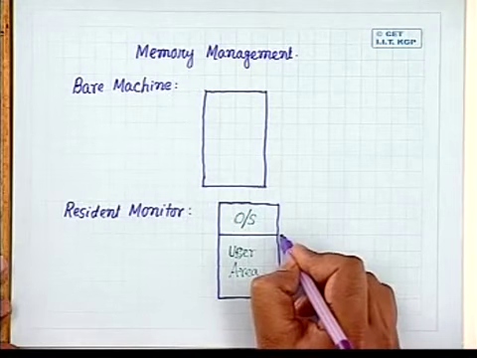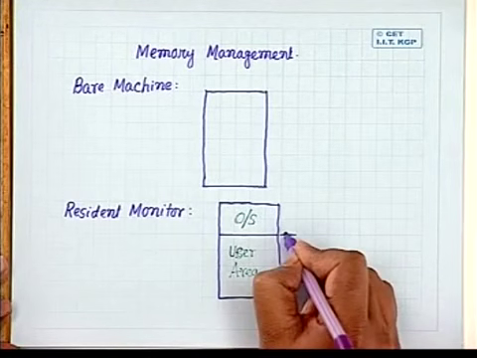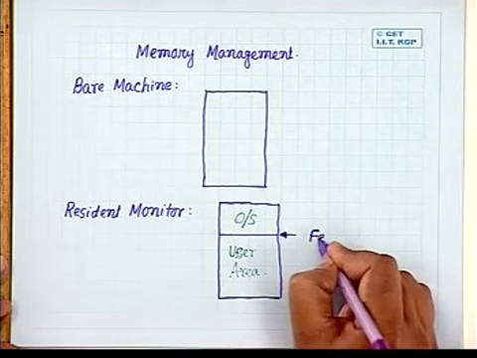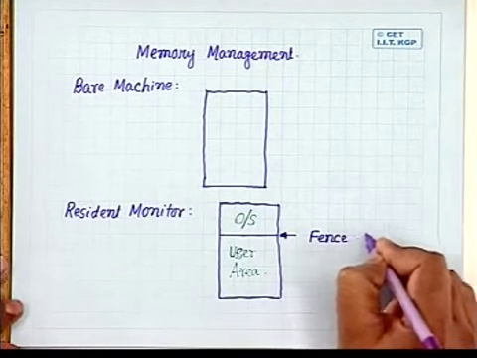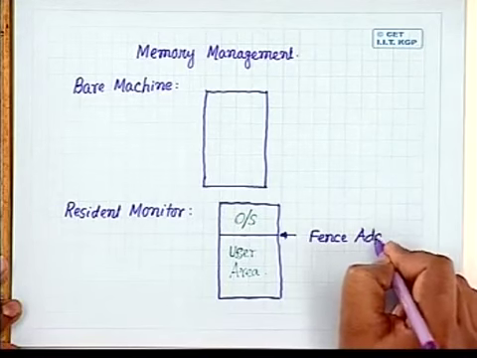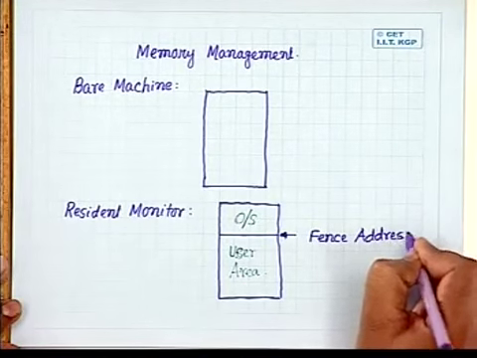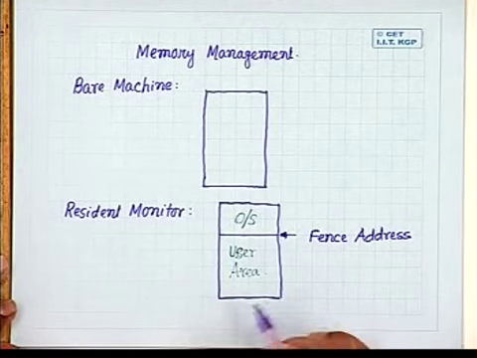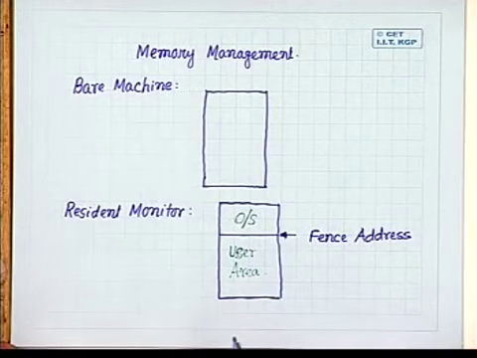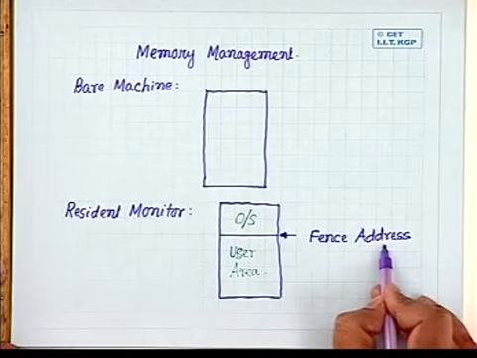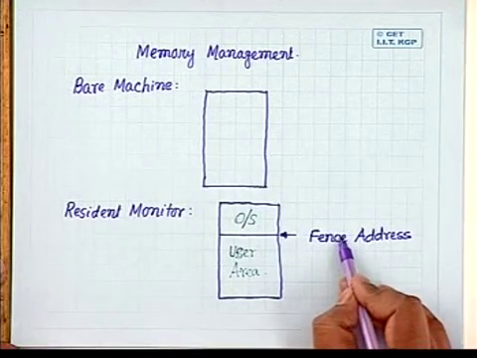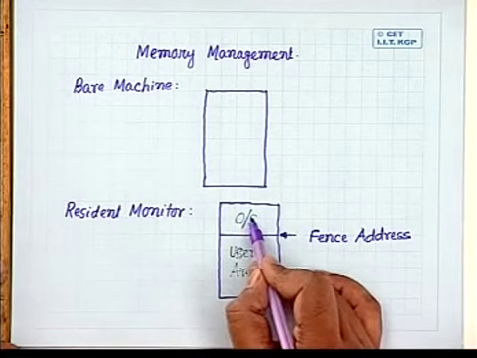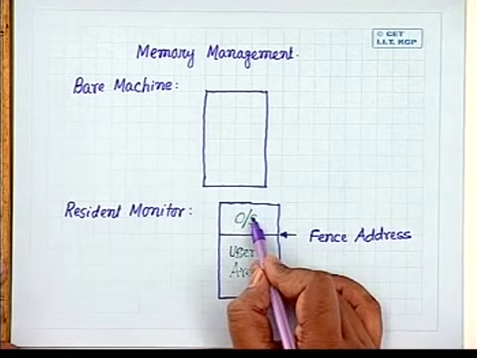Here we have to put what is called a fence address. Whenever the user program tries to access the memory, the address which is generated is to be checked against the fence address. If the address is less than the fence address, then we know that the user program is trying to access the monitor area of the memory, which should not be permitted.